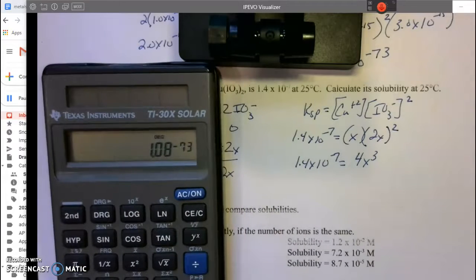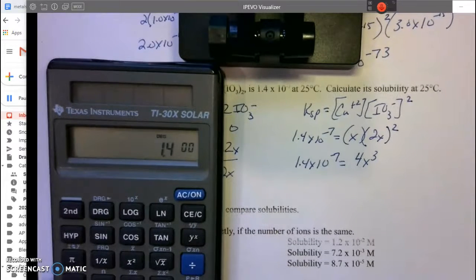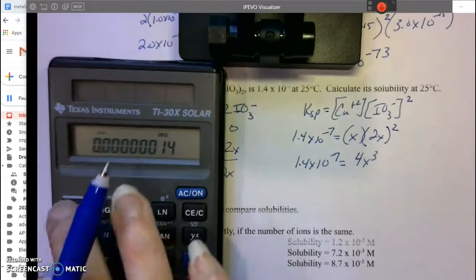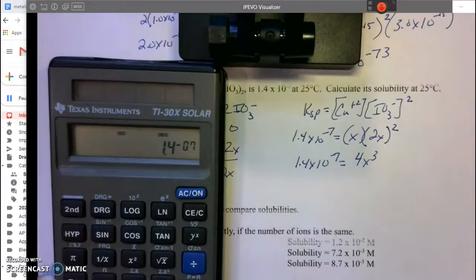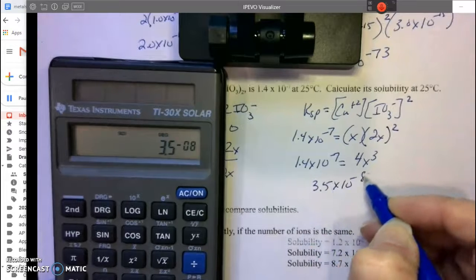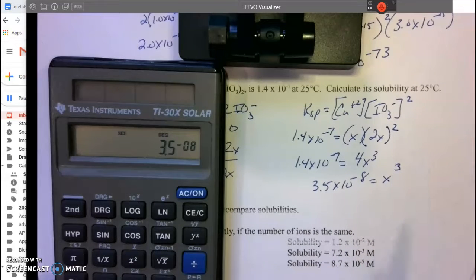So on my calculator, I'm going to do 1.4 EE 7 negative. Again, probably most of your calculators, you have to put the negative 7 in first. Divided by 4. And I'm going to convert that to scientific notation. And that's going to give me 3.5 times 10 to the negative 8th equals x cubed.